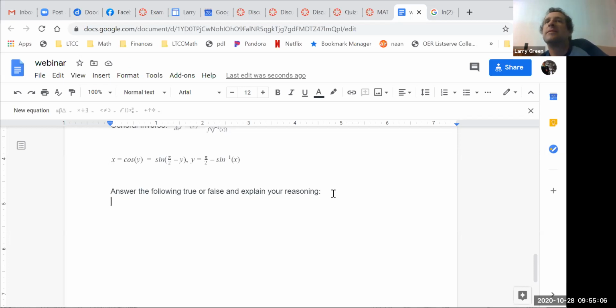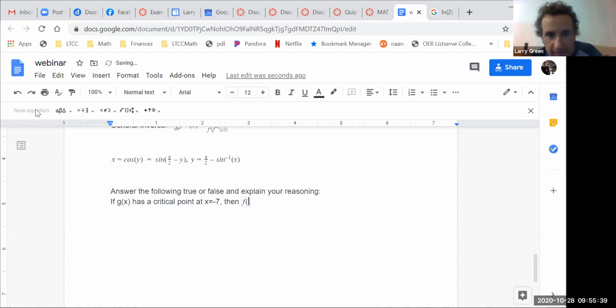How about, if g of x has a critical point at x equals -7, then f of g of x also has a critical point at x equals -7.